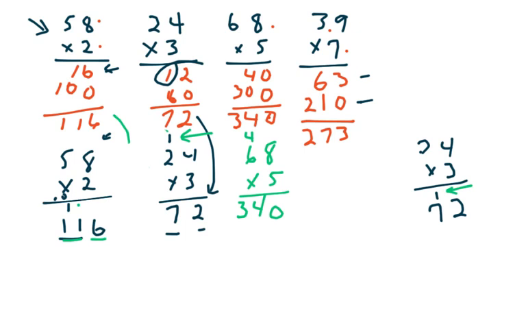Fair enough? Or again, if you wanted to put it below, 68 multiplied by 5, it's 40. Put down the 0, put the 4 here. I'm going to add that on. 30 plus 4, 34.